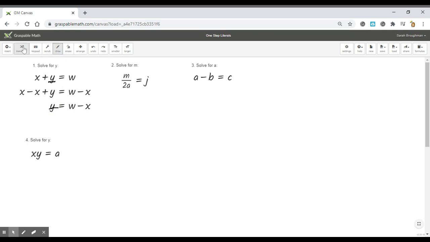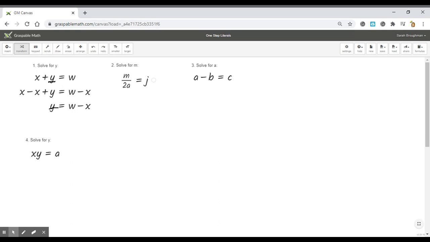For problem number 2, we're going to press transform again. We need to solve for m. Now we can just multiply both sides by 2a here, all at the same time. But in Graspable Math, it's not going to let us do that, so we're going to take it almost like 2 steps.